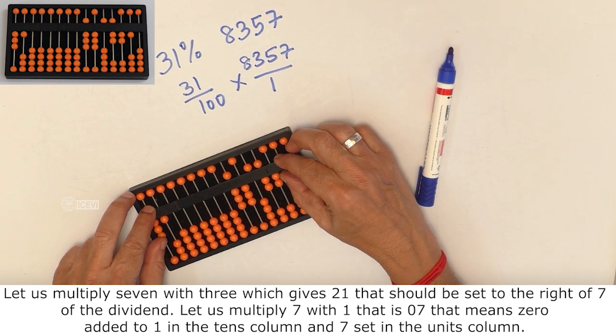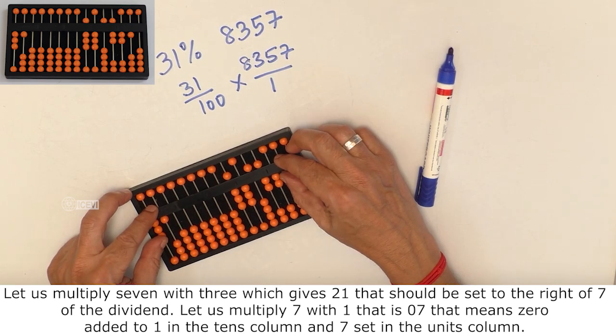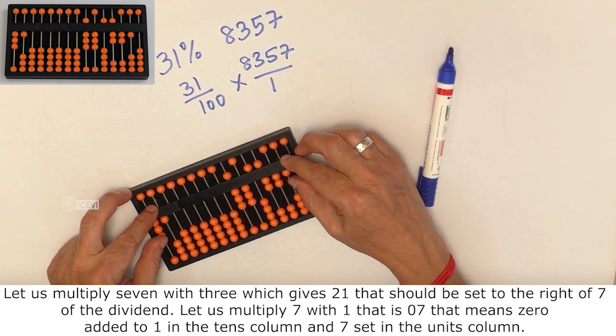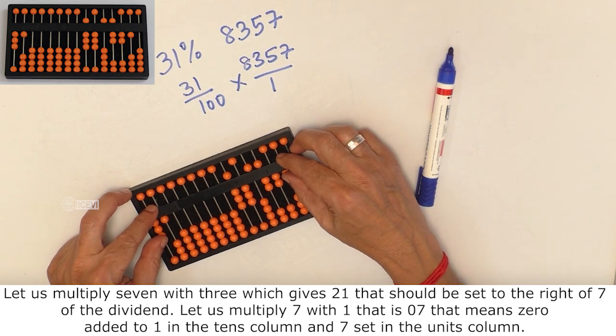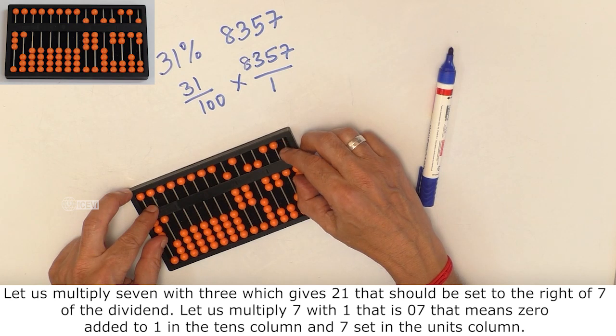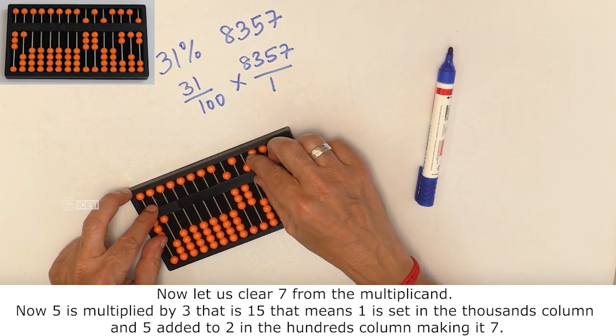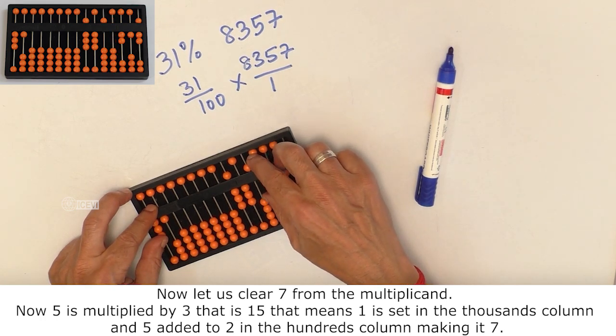Now multiply 7 with 1, that is 7. That should be treated as 0, 7. That means 0 added to 1 in the tens column, and 7 is set in the units column. Now clear 7 from the abacus as the multiplication process is over.